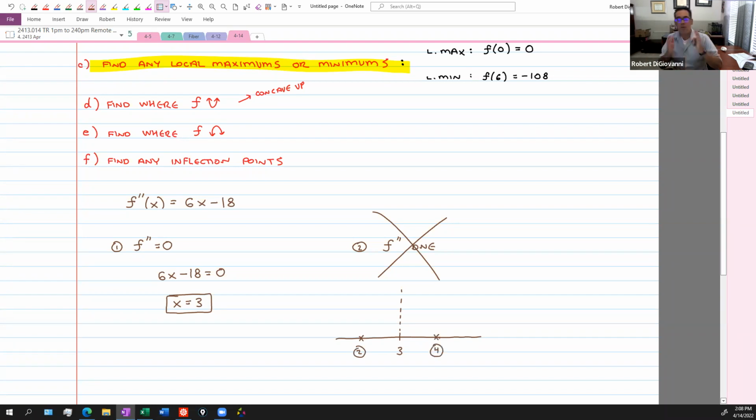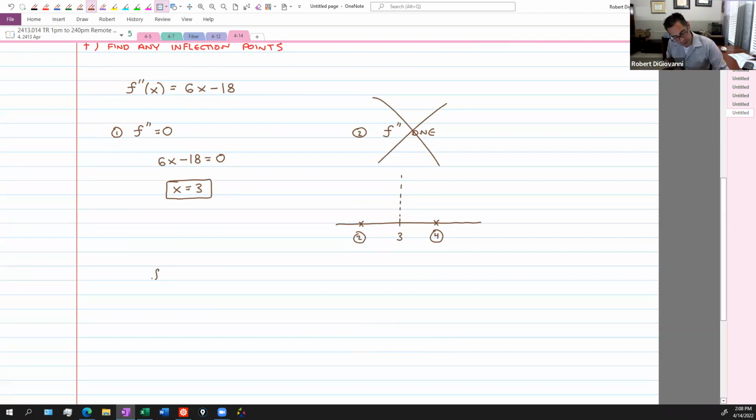And where are these test points being plugged into? The second derivative, right? They're going into the second derivative because the second derivative being positive or negative is what tells me about concavity. So I want the second derivative at 2. I want the second derivative at 4.